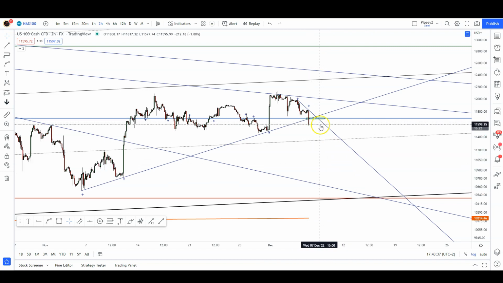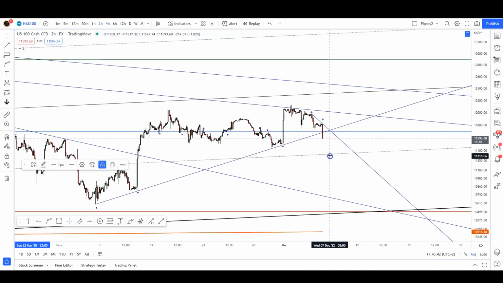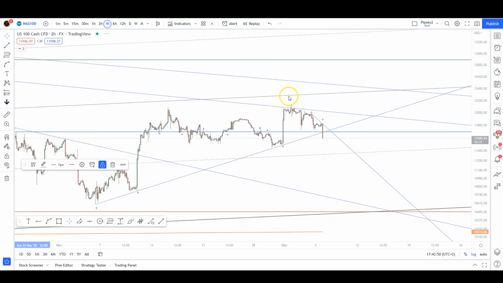See where I'm getting at. So just an area I thought I'd point out to you guys, not saying enter or anything like that. I'm just showing you guys what I'm looking at.